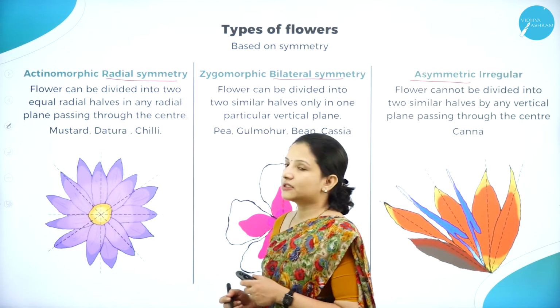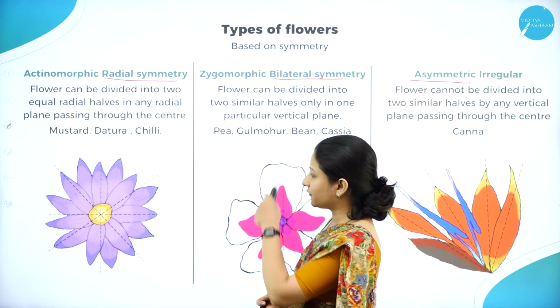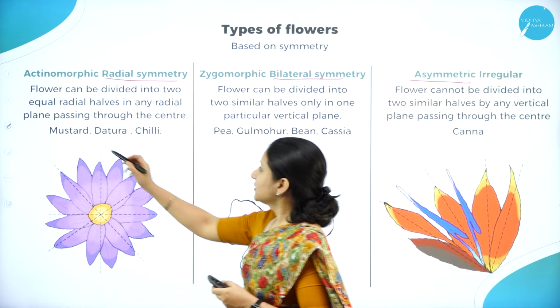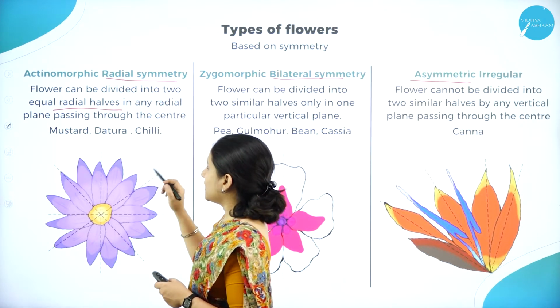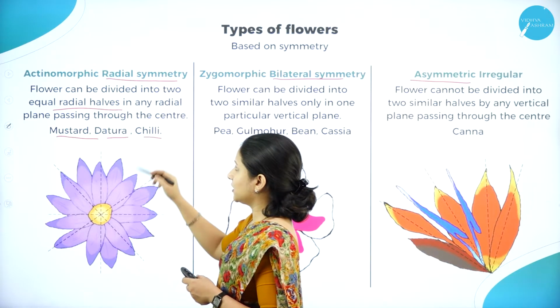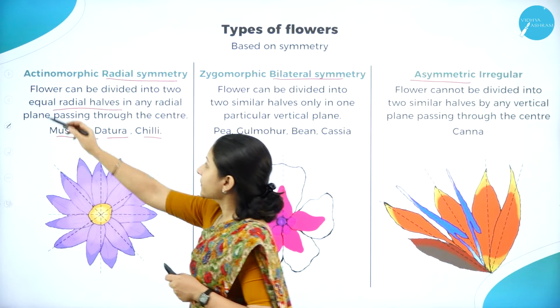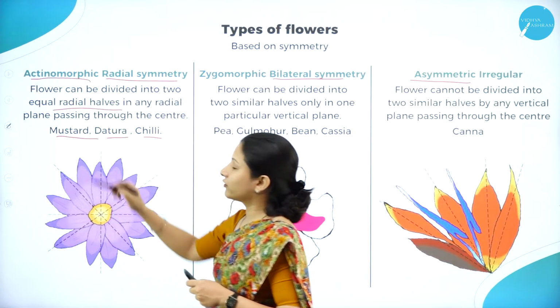So if the flowers can be divided into two equal halves in different planes, then it is considered to be radial symmetry. The best example is mustard, datura, and chilli. So such flowers which exhibit radial symmetry, they are also called as actinomorphic flowers.